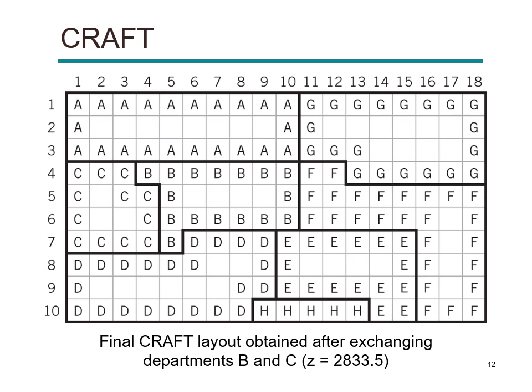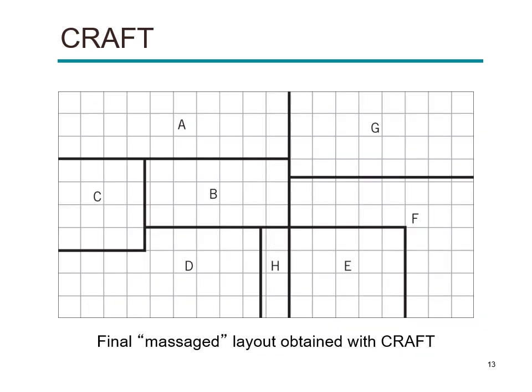But the thing is, this is a heuristic algorithm, and the final result depends on the initial layout that you provide to Cplex. It means that if you give a different layout, you may end up with a different final layout. When you have the final layout, of course, you can play with this layout manually to come up with a better design, better departmental shapes.